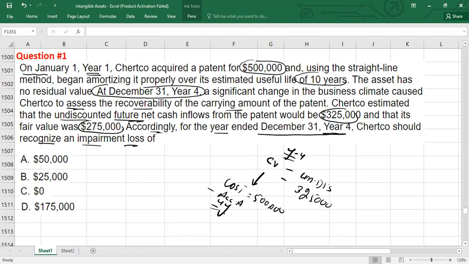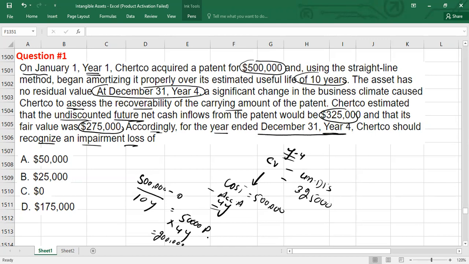And amortization, how you will calculate, guys? So you need to take a cost of asset which is 500,000, residual value 0, life is 10 years. So if you divide, it will give you 50,000 per annum, and you need it for 4 years, so it will give you $200,000.